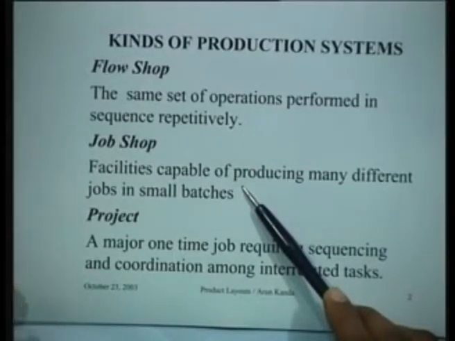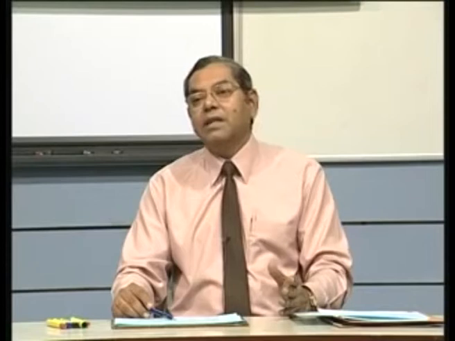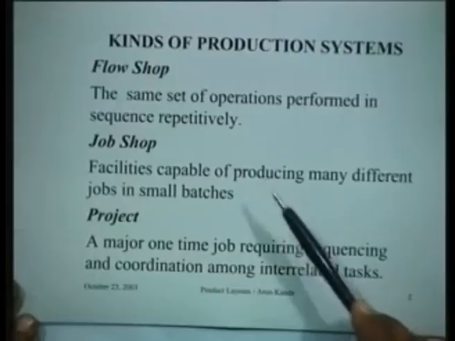In a job shop you can handle a variety of products, and because each product might require different kinds of processing depending upon its requirements, you have general purpose machines laid out in the job shop, and each product can go to the respective machine, get the operations done, and then go to the next machine for the new operations.